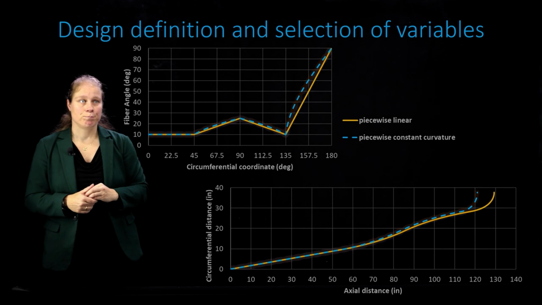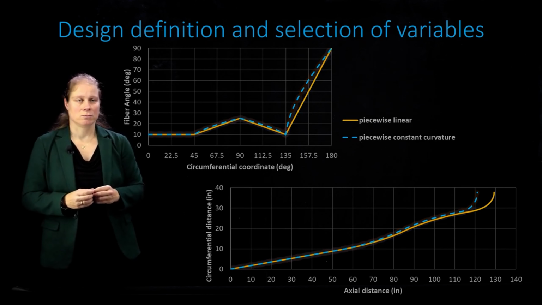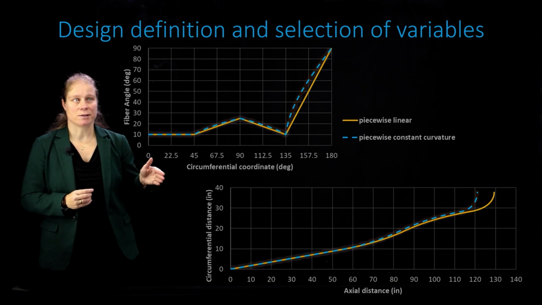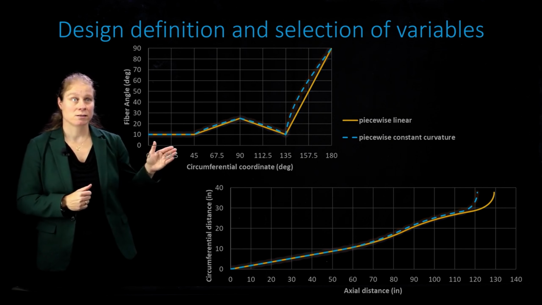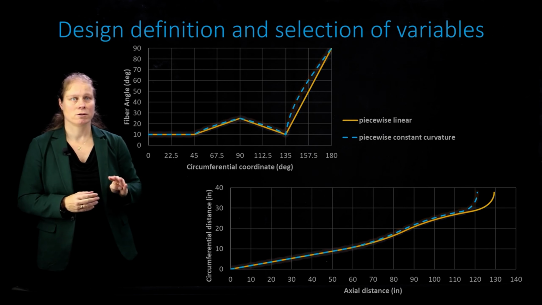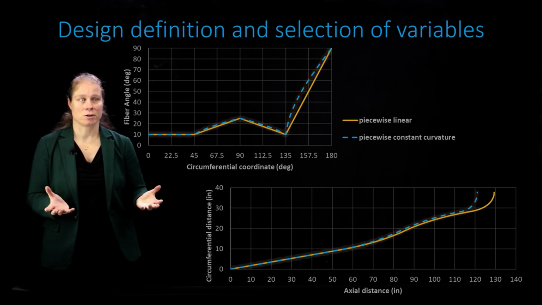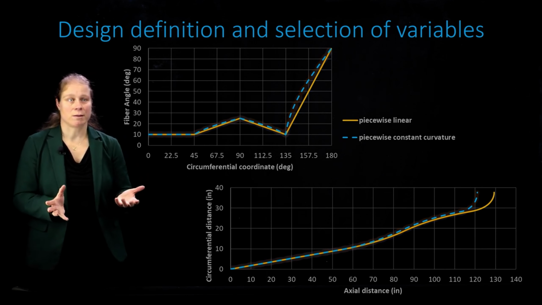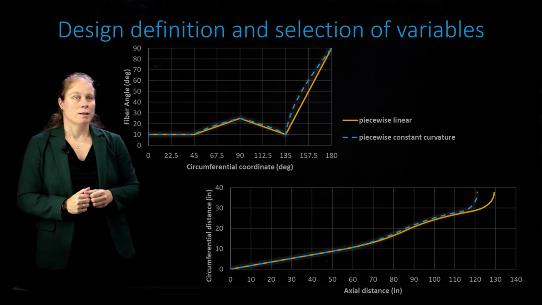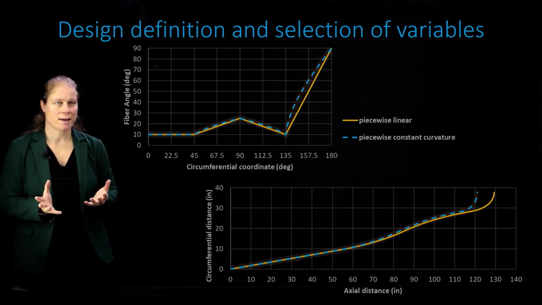Whereas for the piecewise constant curvature one, I only have to evaluate it once for each segment. So here I've shown 4 segments, which would mean I would have 4 values for curvature that I have to check for and make sure that they're within the bounds.